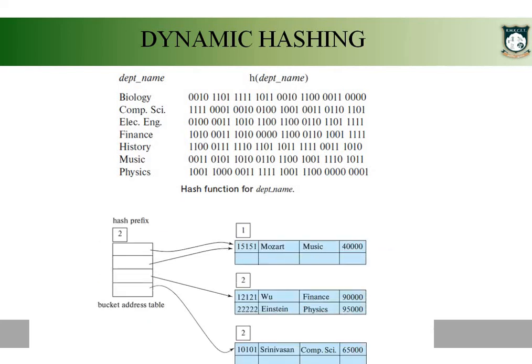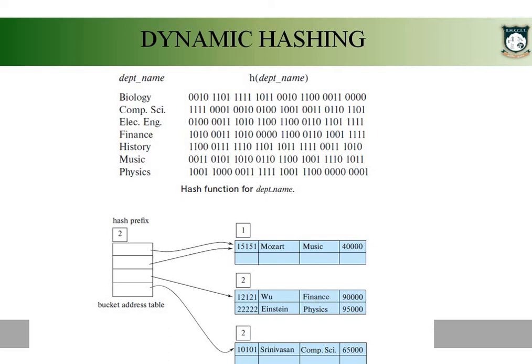Now you can just see here the hash prefix is 2, so I will have 4 buckets. One bucket is not being displayed because in that bucket we don't store any record. For this bucket, if you apply this key value to the hash function, what result will you get? 00.